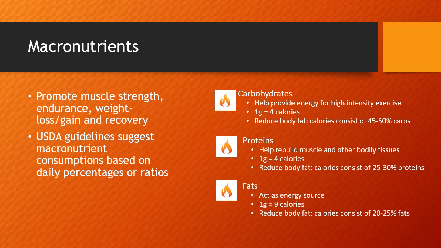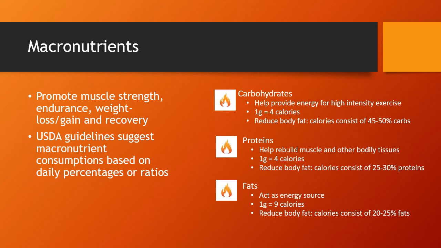When we look at our carbohydrates, we're going to see that they help provide energy for higher intensity exercise. And usually our carbohydrates are the first go-to energy source when we get involved in any type of high intensity movements, such as running, jumping, or any type of high intensity interval training.